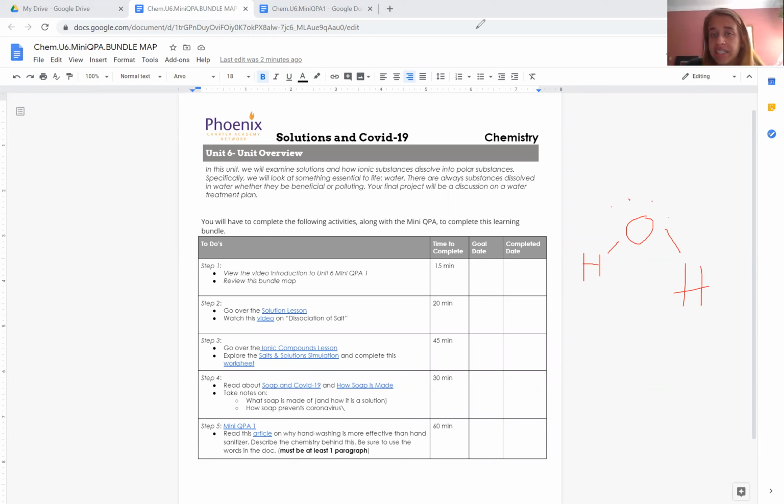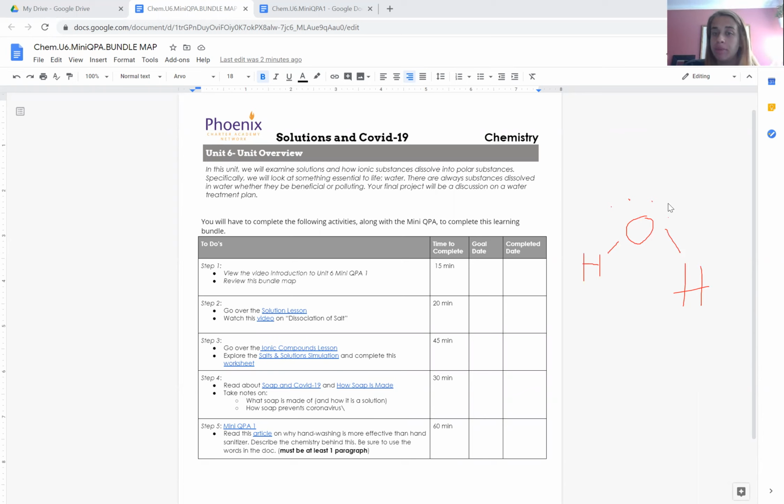We see here that the oxygen wants these electrons more. It's more electronegative, meaning it pulls the electrons it's sharing with the hydrogen more to itself than the hydrogen can, because oxygen is much more electronegative than hydrogen.